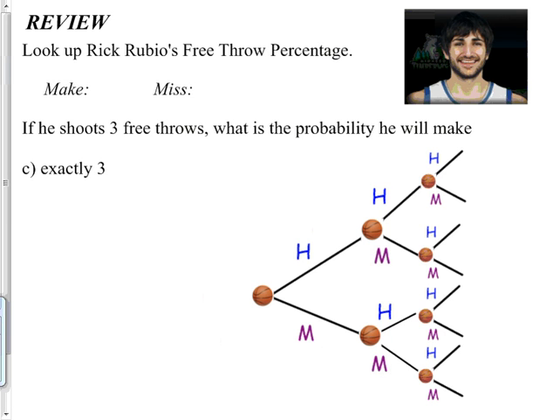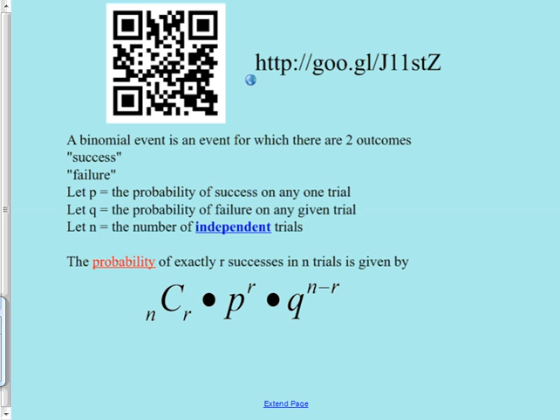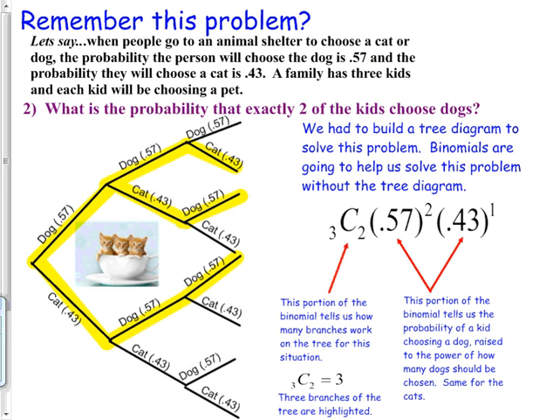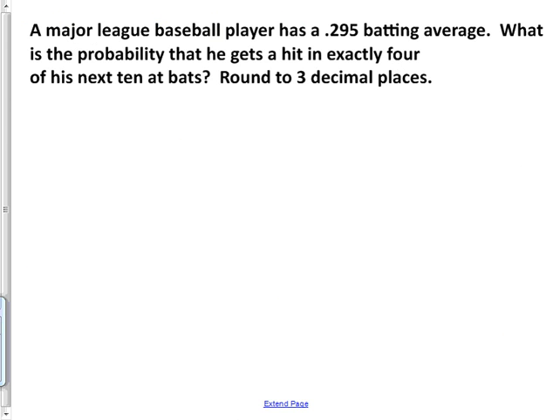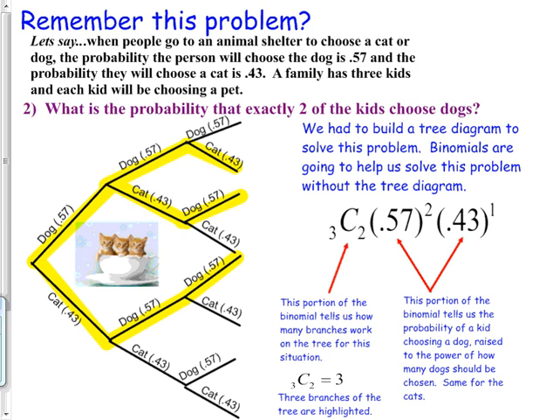And we're not going to do the Ricky Rubio thing. We're going to go to this one. I want you to look at this dogs and cats problem. Do you get that the paths we have highlighted here are getting 2 dogs and 1 cat?